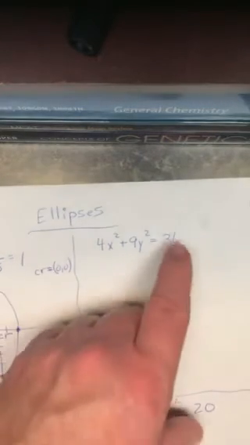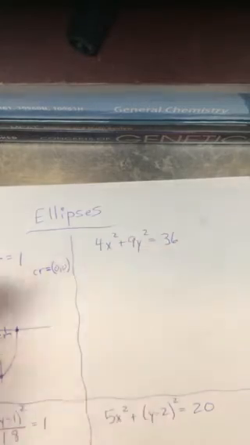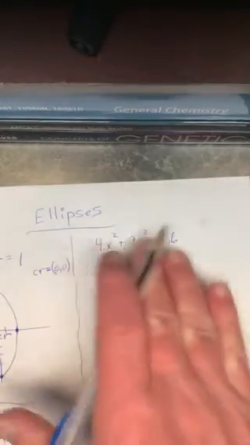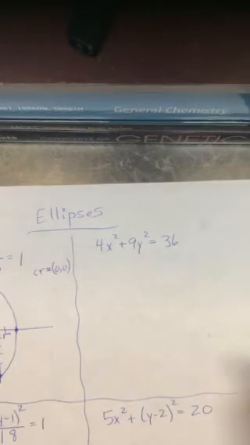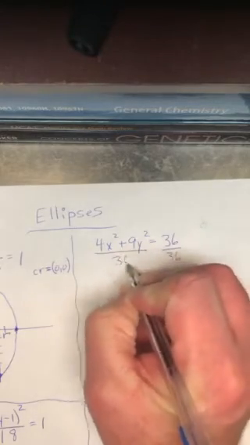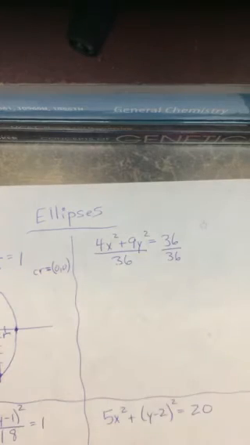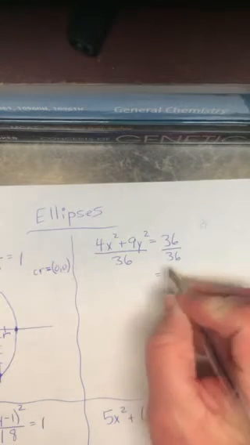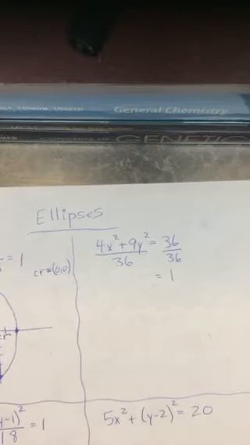So obviously if this is equal to 36 and it's not equal to 1, we've got to correct this, and we're going to have to do something algebraically to, quote, get it into standard form. So we're going to divide both sides by 36 because we want that to be a 1 on the right side. So obviously 36 divided by 36 creates the one we were seeking.